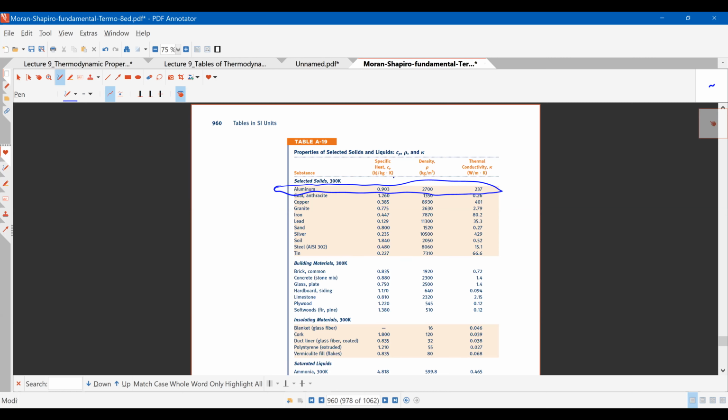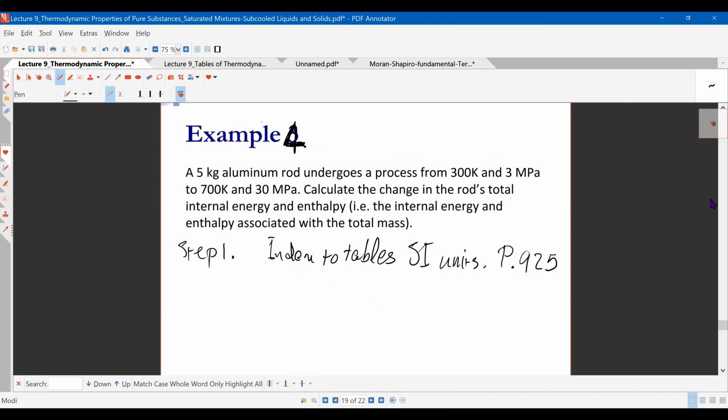Okay, I don't need thermal conductivity, so I'll leave it here. Let me go back to my problem and write down these properties. So step one, from page 925, I found out that I need to go over table A19 in page 960.